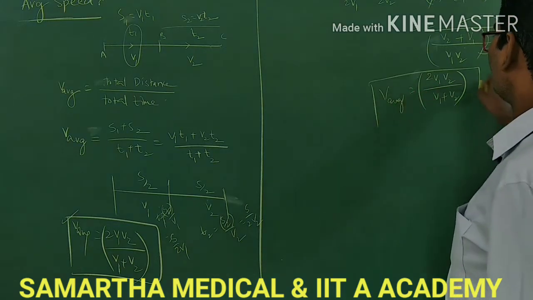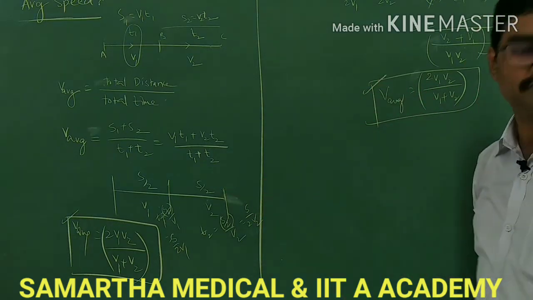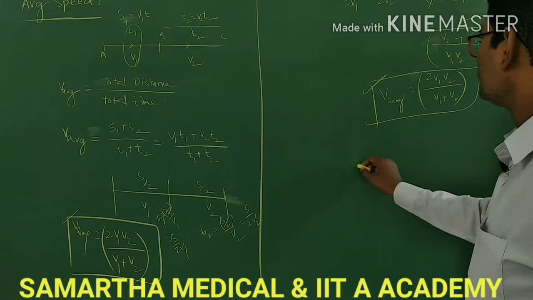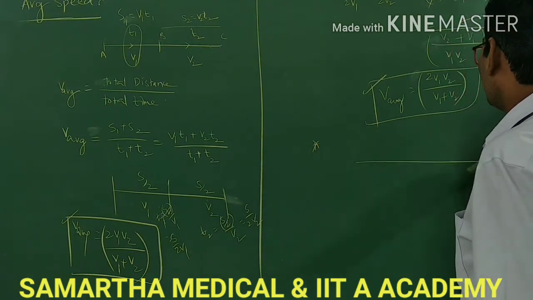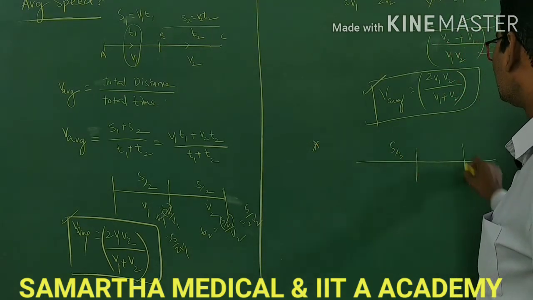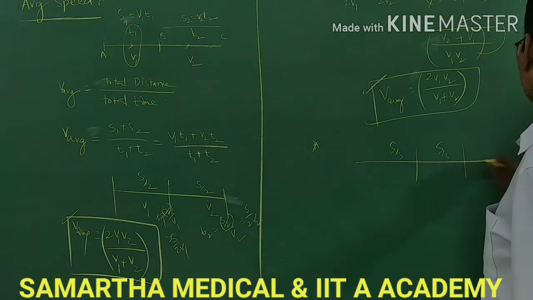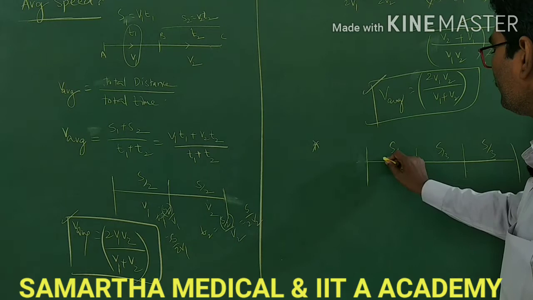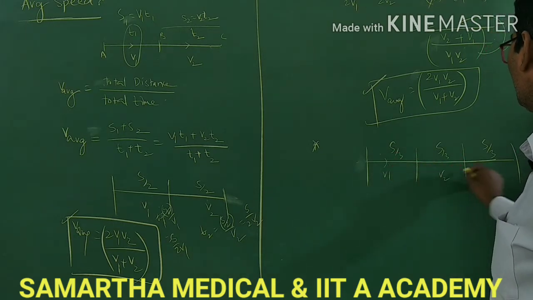That is the average speed when a body covers half of the journey distance with speed v1 and the remaining half with speed v2. Next case: the total journey is divided into 3 equal parts, S by 3, S by 3 and S by 3, covered with speeds v1, v2 and v3.